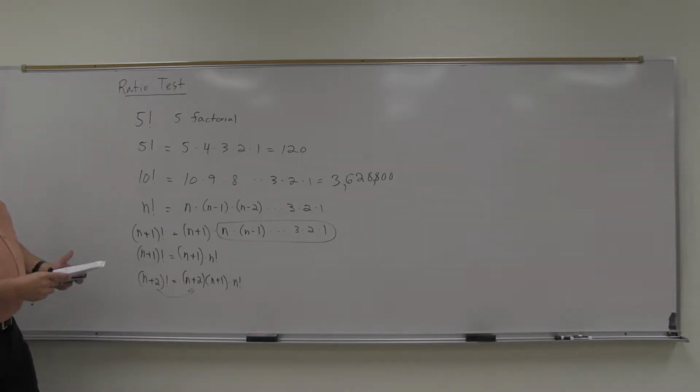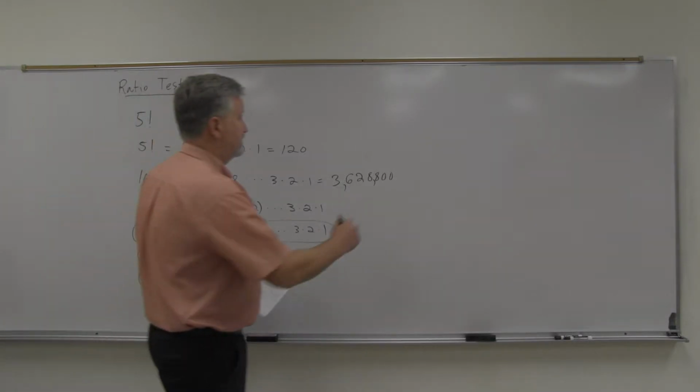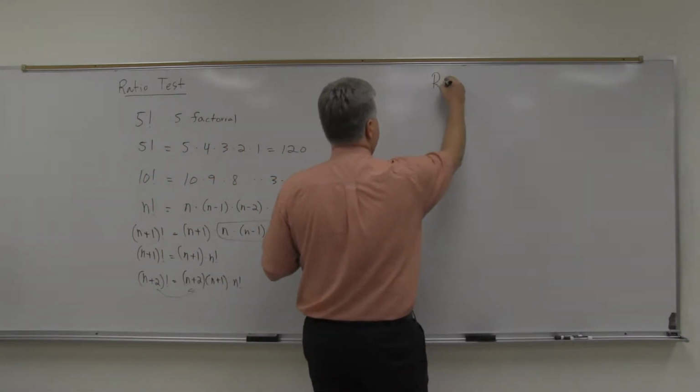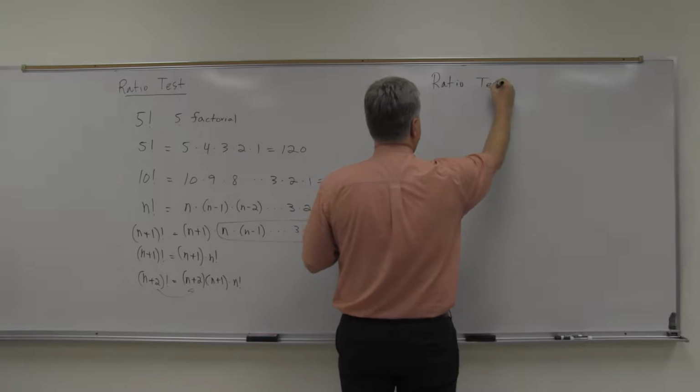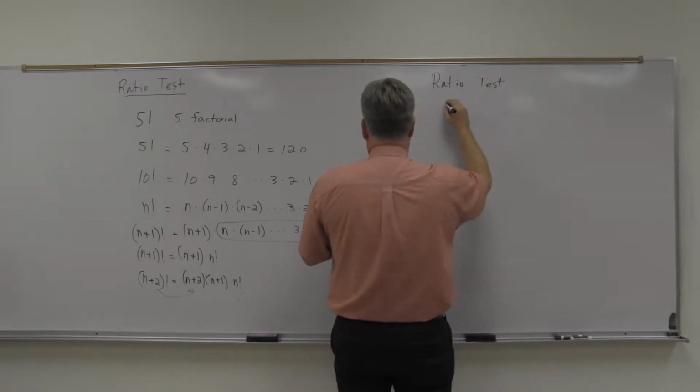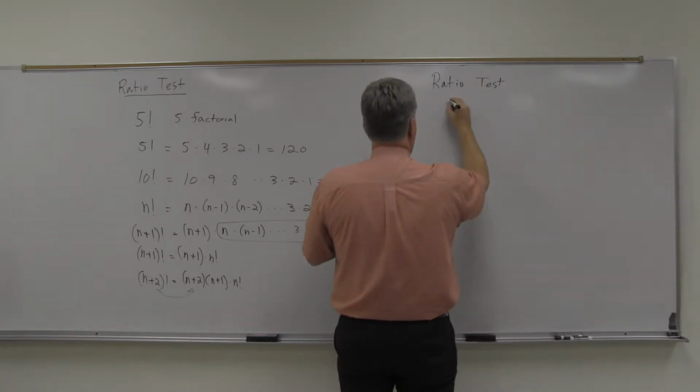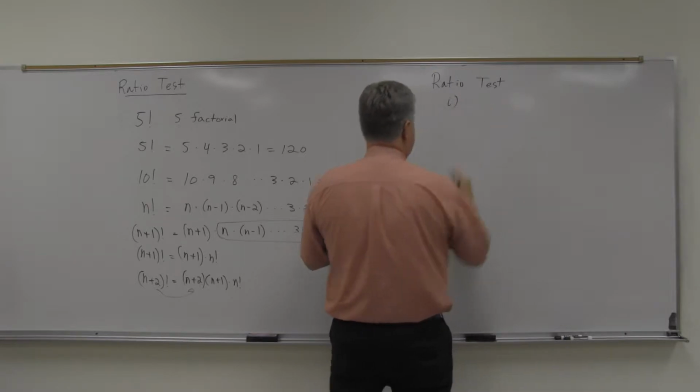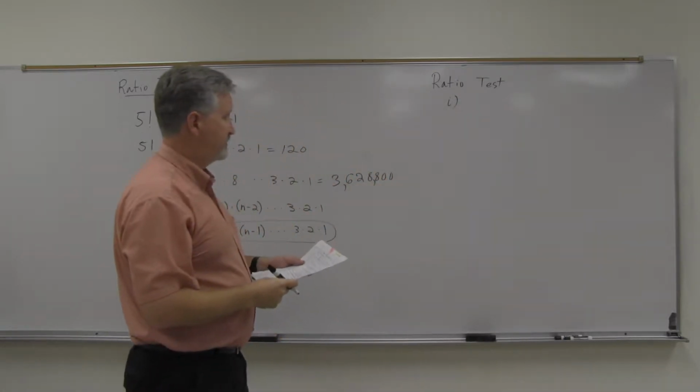So what is the ratio? Here's the ratio test. There are three parts to it. Number one, the letter I, we use I instead of ones and twos.